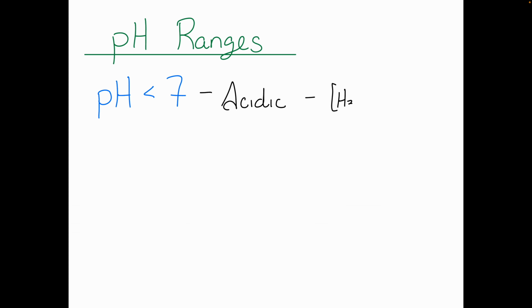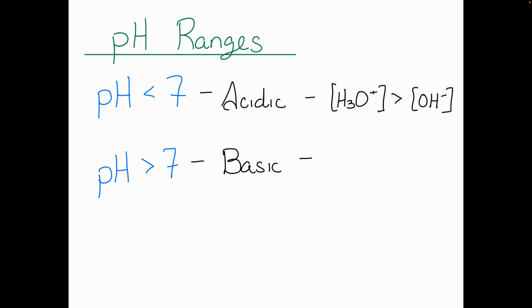Looking at our auto-ionization relationship, you can convince yourself that that means the concentration of hydronium is greater than the concentration of hydroxide. If we have a pH greater than 7, we call that a basic solution. That means there's more hydroxide than hydronium; the concentration of hydroxide is greater than that of hydronium.